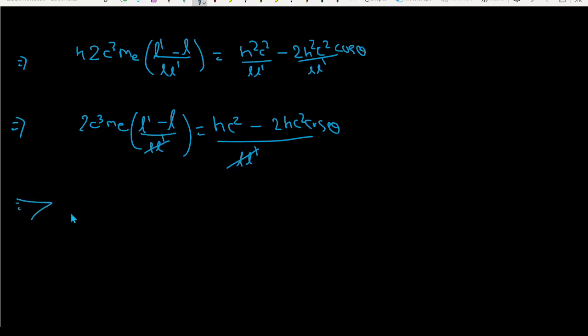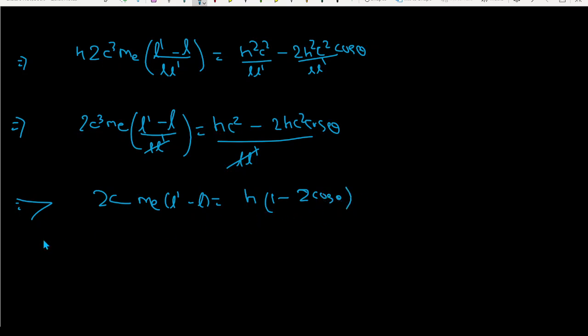Now if I cut out c here also, it becomes 2c me, which is the mass of the electron, and lambda dash minus lambda is equal to, this will become h common and 1 minus 2 cos theta.